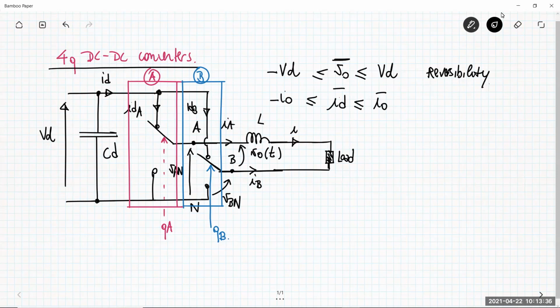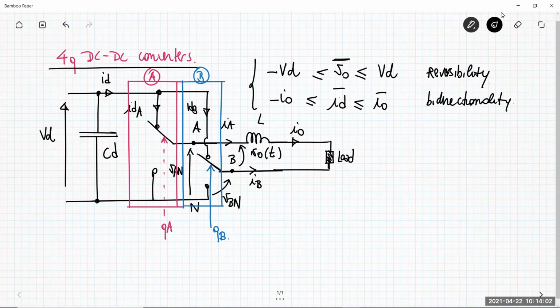I0 is the current flowing through the load, the same as the current IA. Let me rename the current IA just as the general current I0, which is the current flowing through the load. This is the bidirectionality. These are the two requirements.